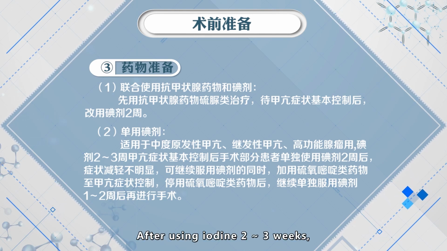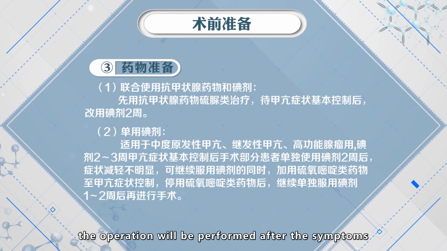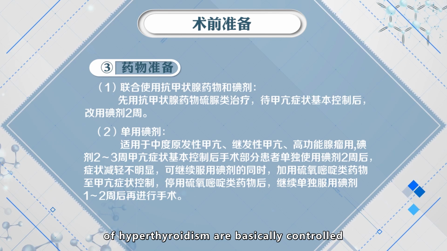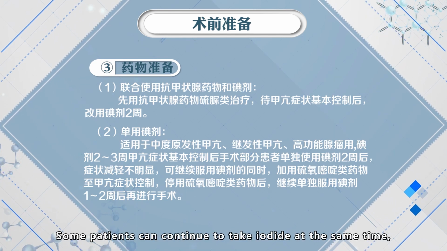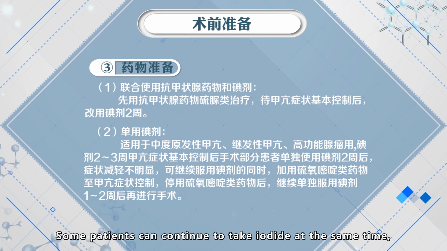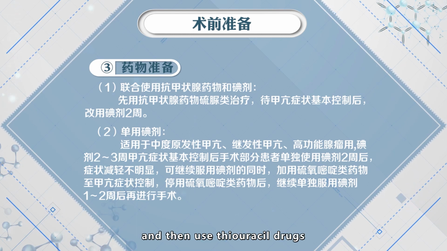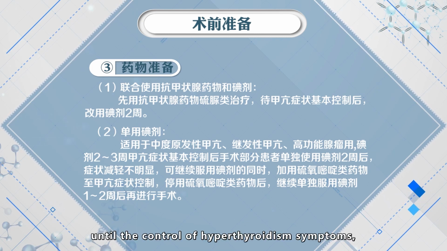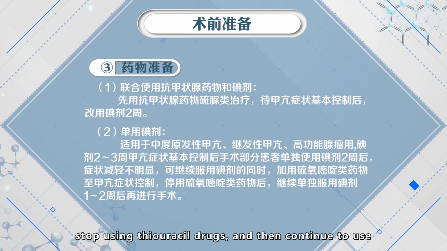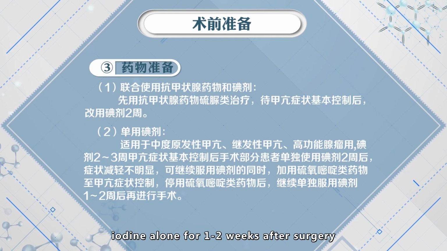After using iodine for 2 or 3 weeks, the operation will be performed once the symptoms of hyperthyroidism are basically controlled. Some patients can continue to take iodine and then add antithyroid drugs until hyperthyroidism symptoms are controlled. After that, stop the antithyroid drugs and continue iodine alone for 1 to 2 weeks before surgery.